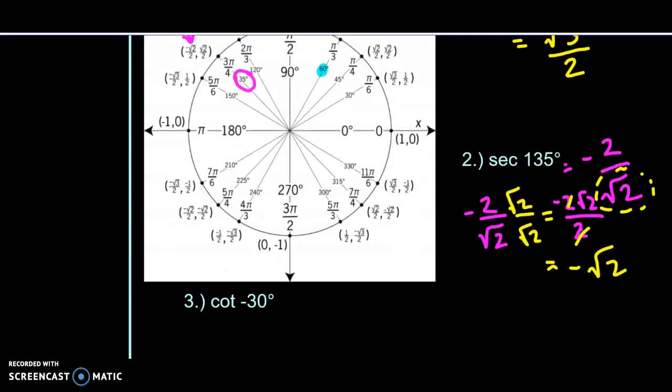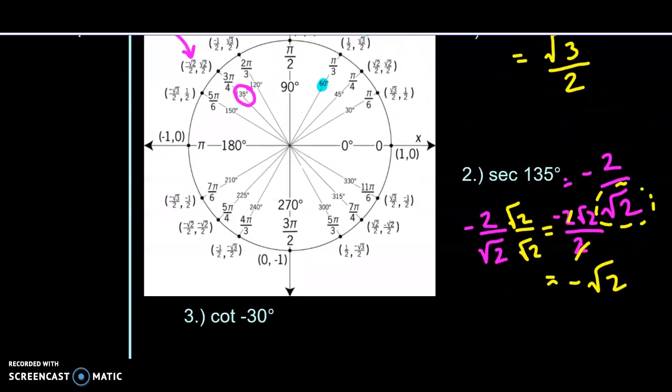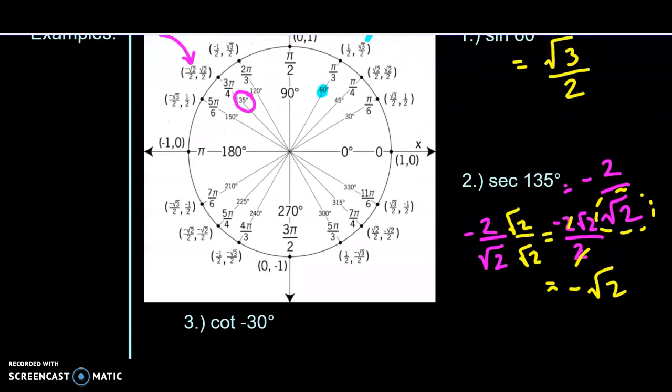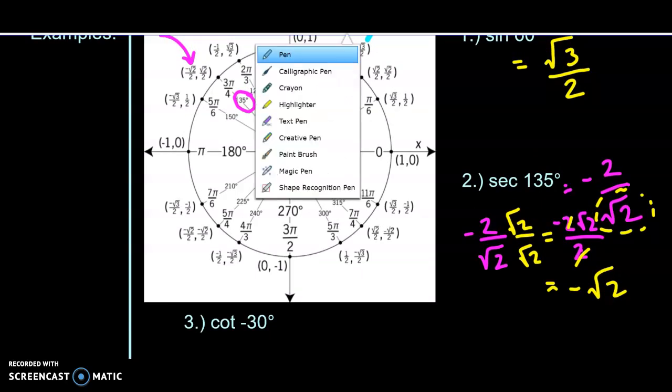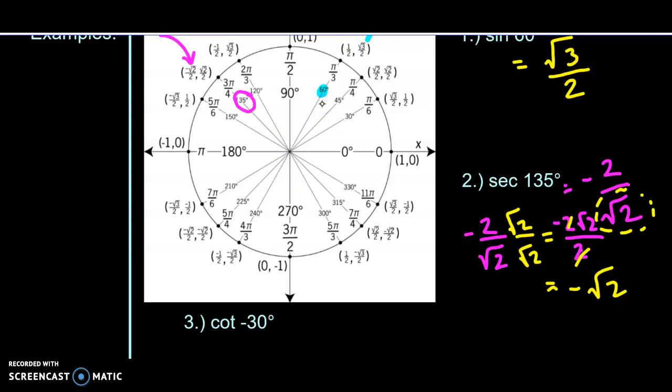One more. We're going to look at cotangent of negative 30 degrees. Key is that right here we have negative 30 degrees. And if we're looking at negative 30 degrees, when it comes to negative values, remember we go clockwise. Counterclockwise is positive.